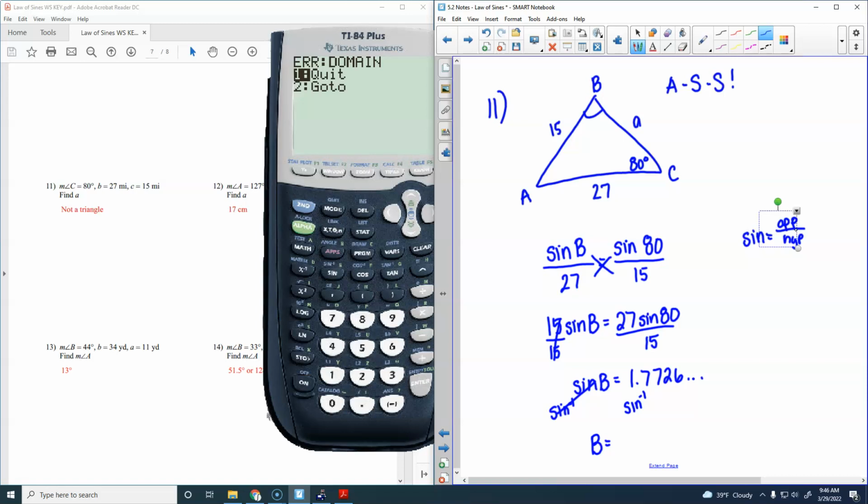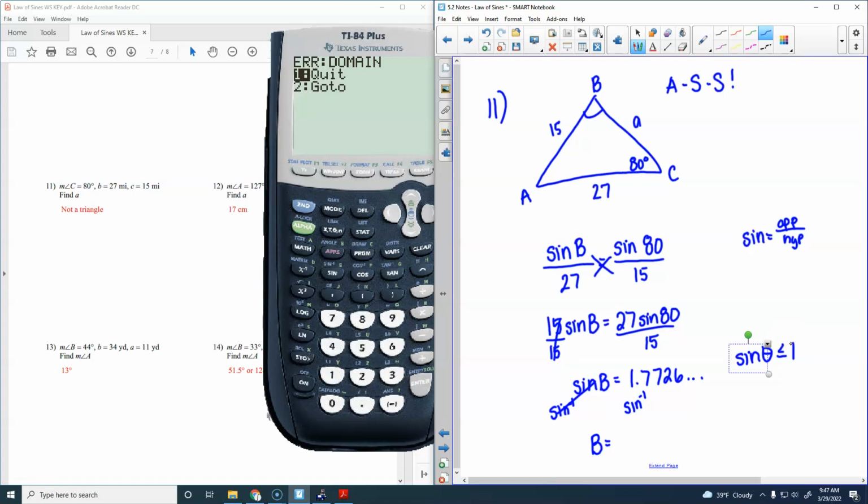Hypotenuse, always, right? Because that's what makes it the hypotenuse. So if the number on top of the fraction is smaller than the number on the bottom, then this number can never be bigger than 1. So sine of anything, even if we're not dealing with right triangles, has to be less than or equal to 1.